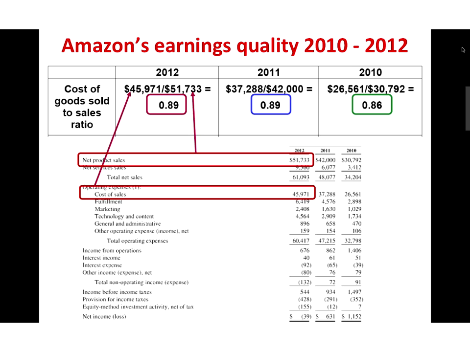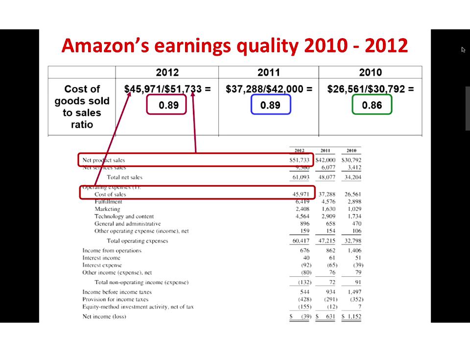We get 0.89. And then 2010, we get 0.86. Everything else being equal, we would like to see this ratio go down. We're asking what percent of all our sales is cost of goods sold expense. Well, it was 0.86, then it went up to 0.89, and it stayed at 0.89.